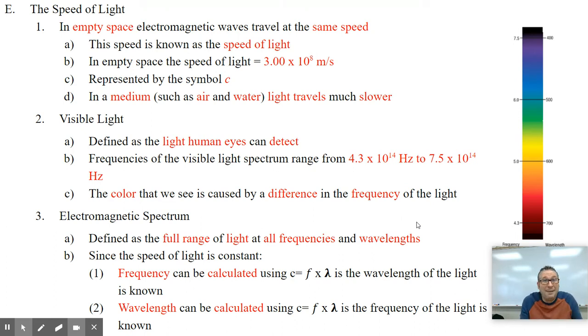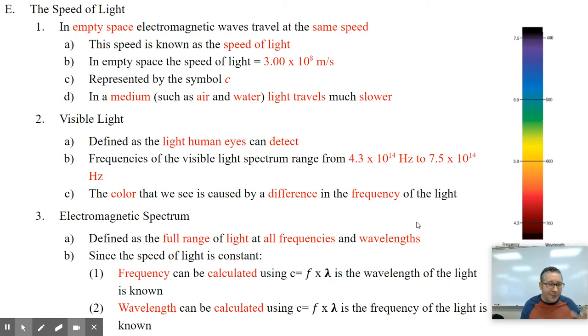So not a big window, okay, compared to everything else that's considered an electromagnetic wave. Now, the different colors that we see, that's all based off of the different frequency of light. So red has a different frequency than green, green has a different frequency than blue, so on and so forth. The colors that we see are the colors of the rainbow. I was trying to say ROY G. BIV at the same time.